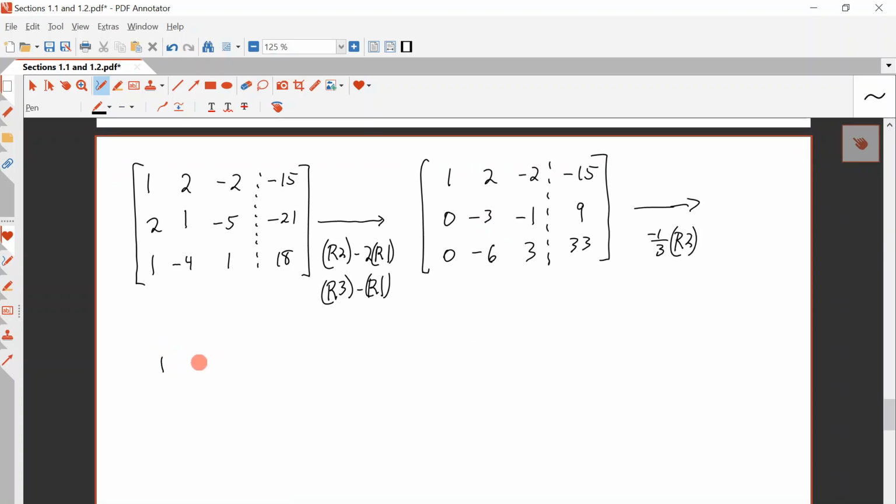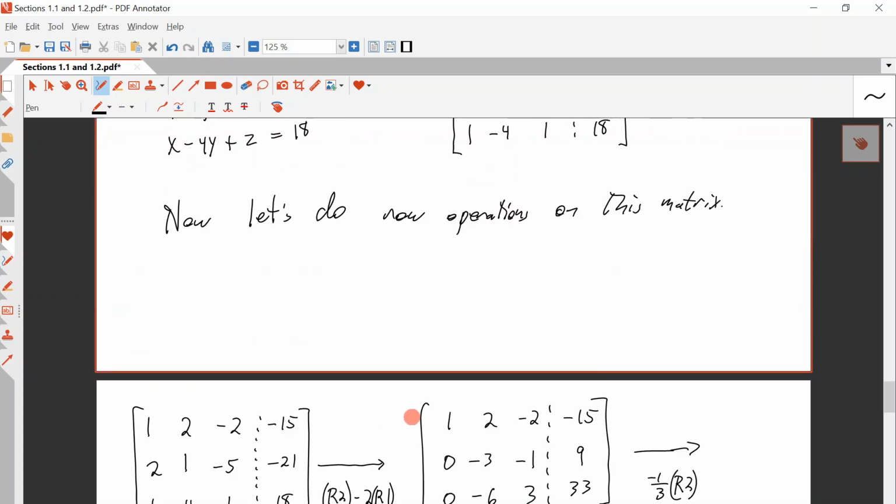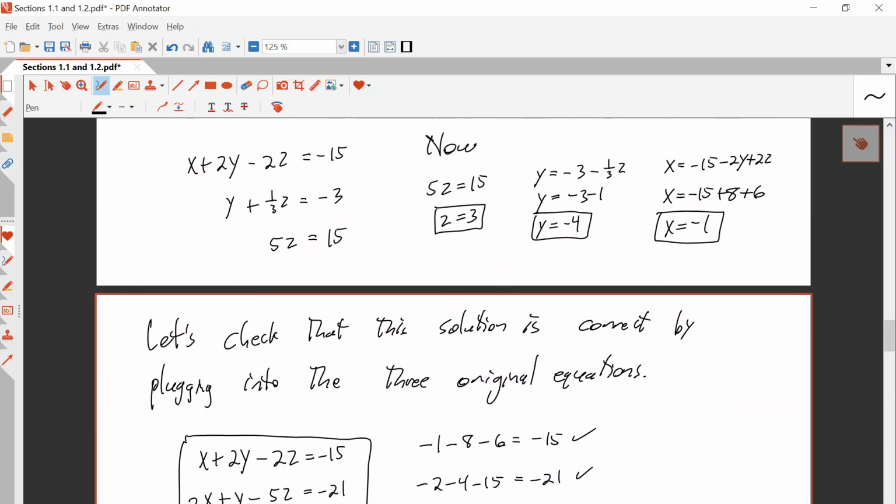So first row stays the same. 1, 2, minus 2, minus 15. 0, 1, 1/3, and minus 3.